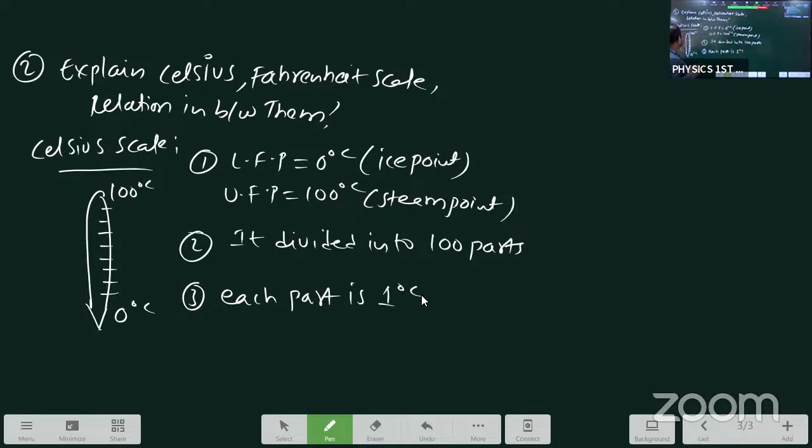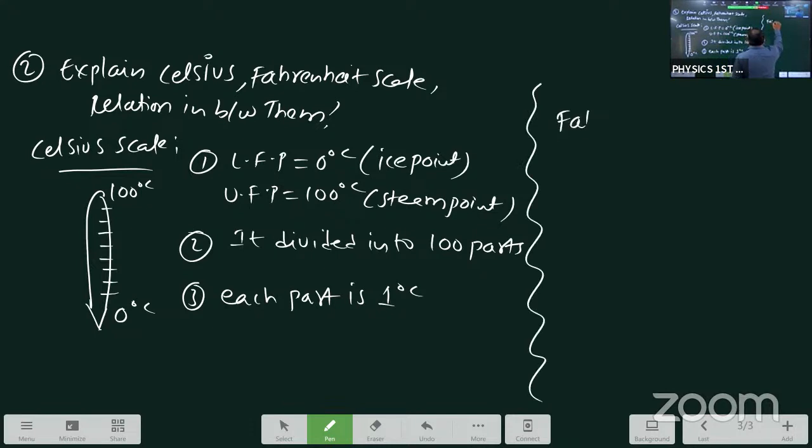Finally, we get 3 points from the Celsius scale. The lower fixed point is 0 degree Celsius, the upper fixed point is 100 degree Celsius. One is the ice point, one is the steam point. It is divided into 100 parts, each part 1 degree Celsius. This is the Celsius scale.